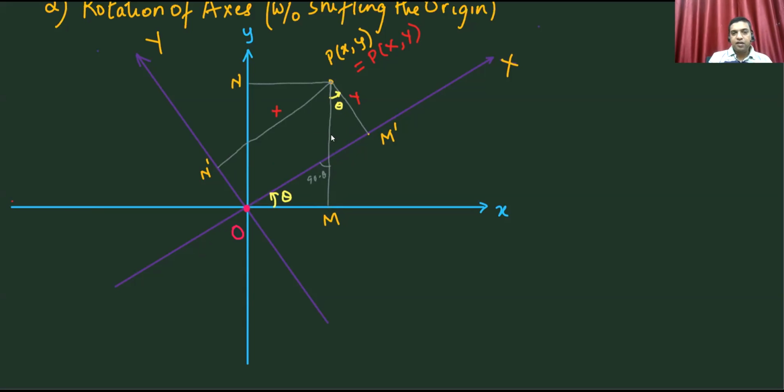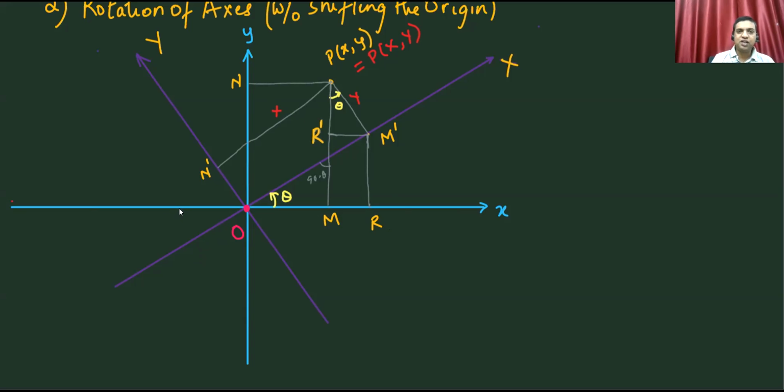Now I drop a horizontal line from M dash, and let's say this is M N O P Q R. I'll just write this as R. M dash, I'll just put this as R dash, and this is R. Okay, now we just have to write different distances.